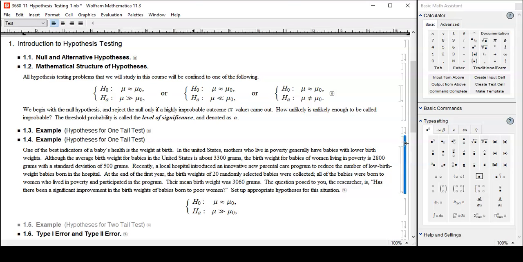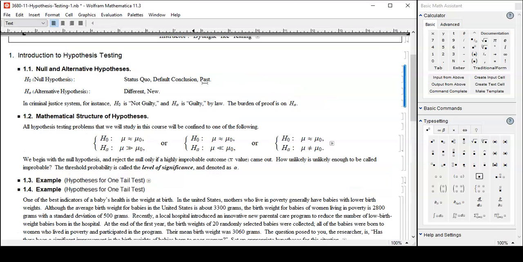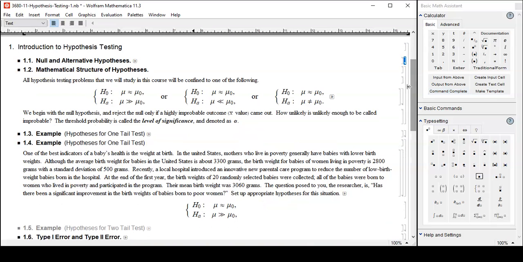Okay, let's use process of elimination. Which one came from the sample? You see, the null hypothesis is about the past. It's about the default. It didn't come from a sample, because a sample study is something that just took place. So the new value here, the mean of the sample, is 3,060 grams.